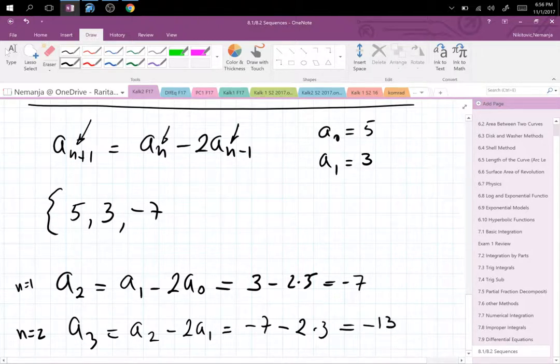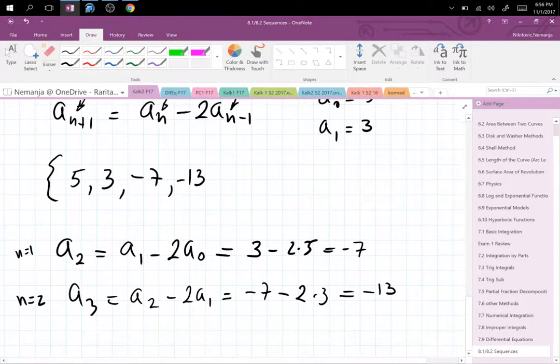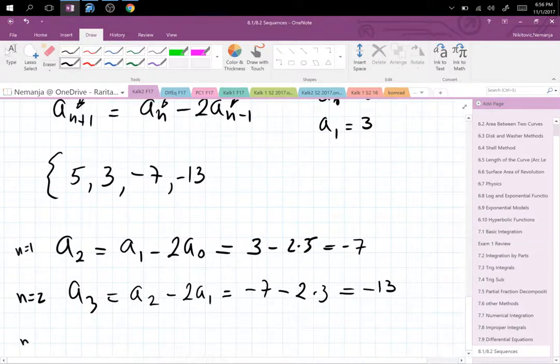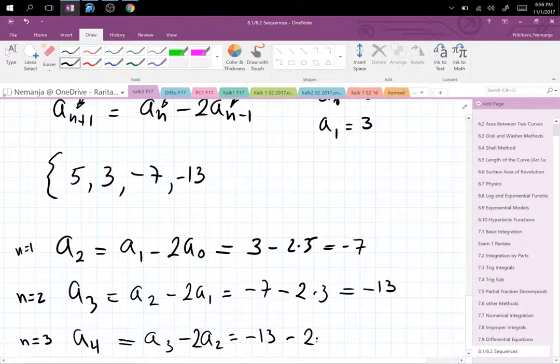Very good. One more. n equals 3 gives us A4, because when I plug in n equals 3 in the original equation, 3 plus 1 is 4. So I get A3 minus 2 A2. We know A3 is negative 13, minus 2 times A2, and A2 is negative 7.